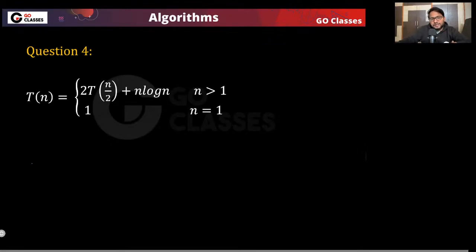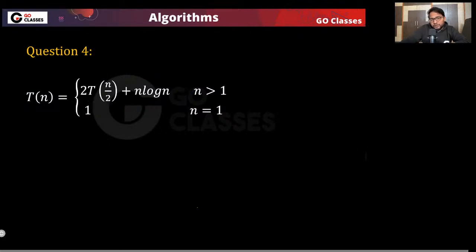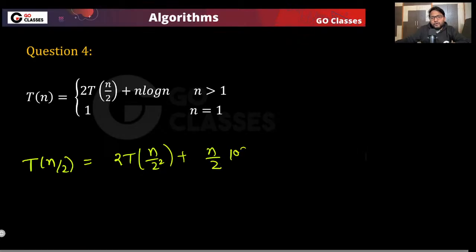Here, this Tn is given like this, right? If we are using the substitution method, then you need to repeatedly substitute. Then Tn by 2 will be 2 T of n by 2 square plus n by 2 log of n by 2, isn't it?